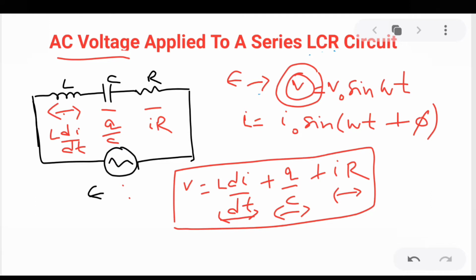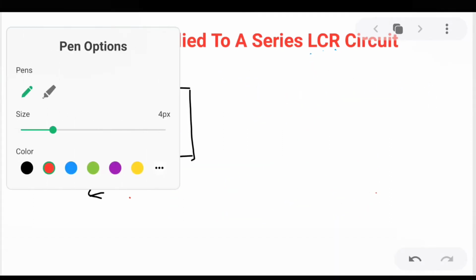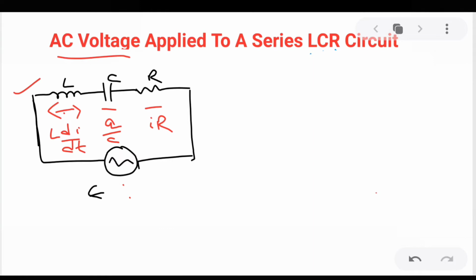Now let us analyze this circuit by drawing a phasor diagram. Before we draw the phasor diagram, we need to understand that when AC flows through a resistor, current and voltage are in the same phase.